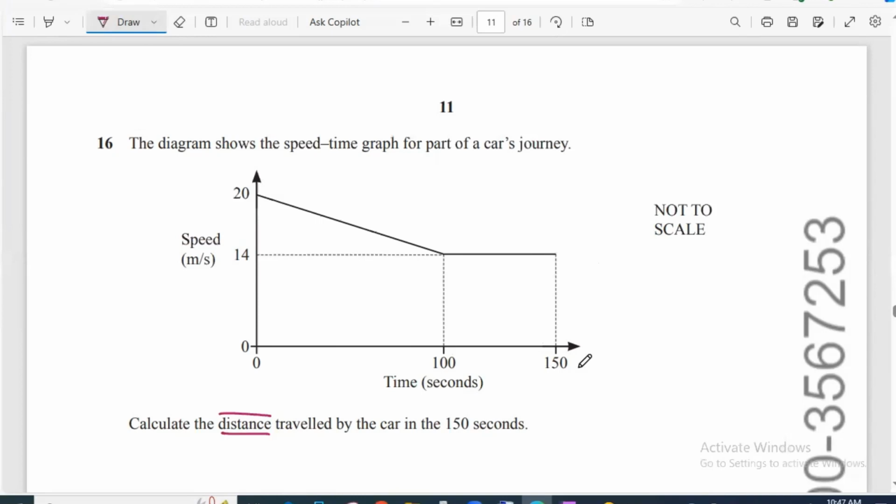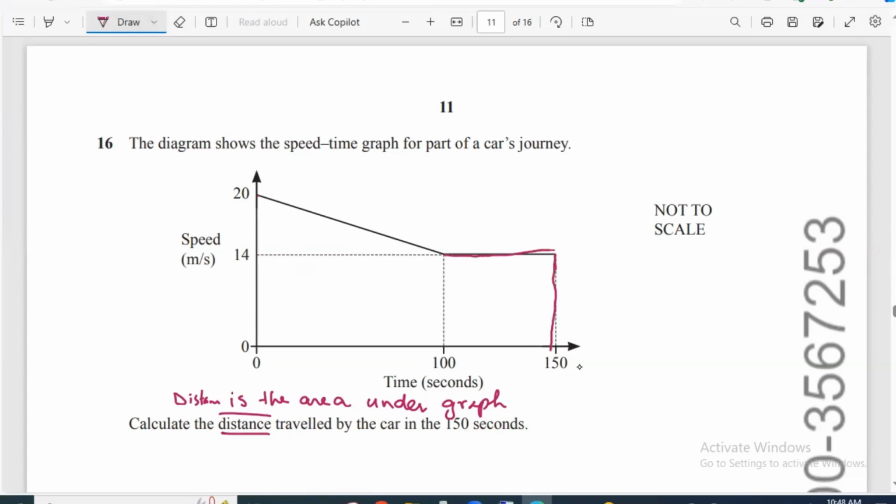So what is the distance in a speed time graph? In a speed time graph, the distance is the area under the graph. So you should know which geometrical shapes are here.